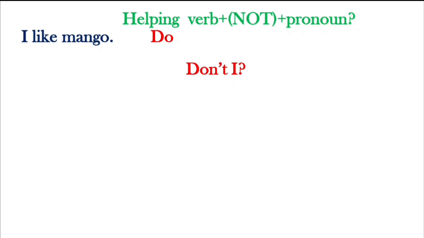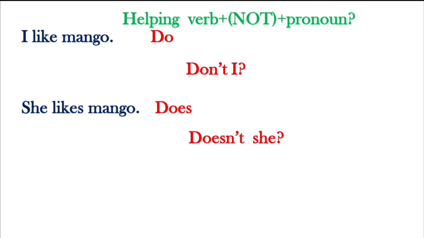And see the next. She likes mango. Here the helping verb is "does." From the main verb "likes" we use "does" as the helping verb, and the sentence is positive, so we use the negative question tag "doesn't she," and "she" is a pronoun. And next, they liked mango.